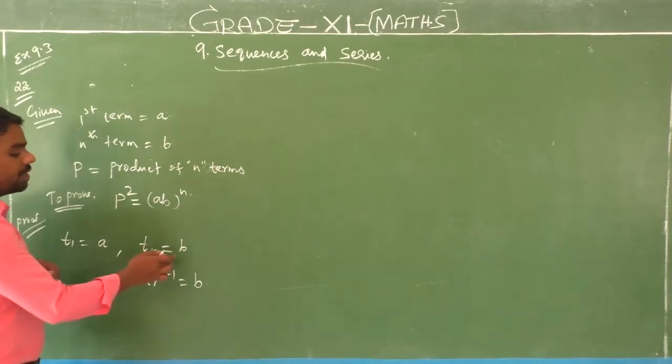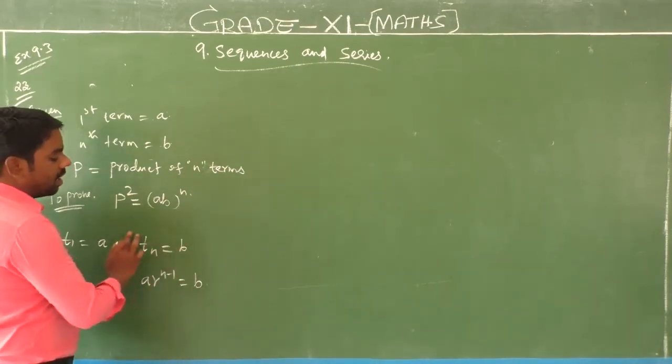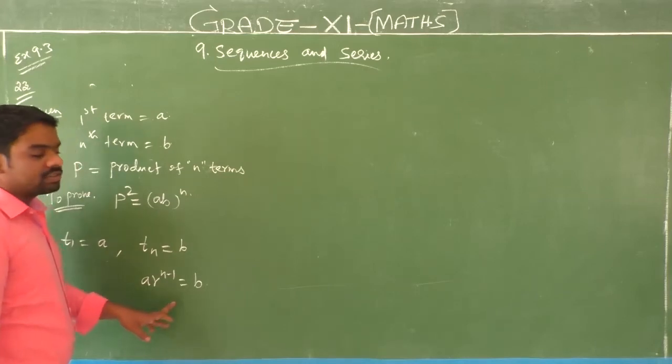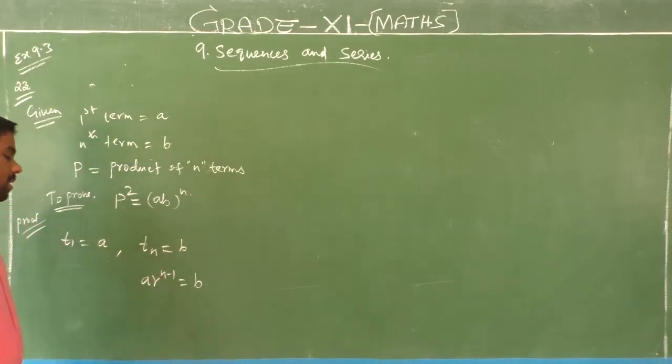So the nth term is B, the given information. The formula is A r power n minus 1 is equal to B.